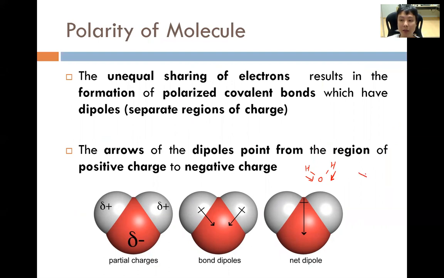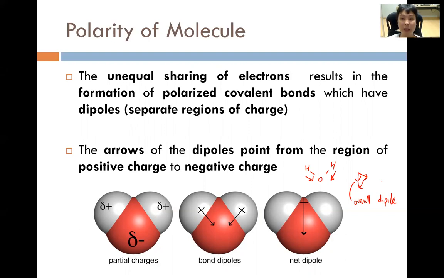So you add up these two vectors, and for this water molecule, this is the overall dipole of the molecule. This is important when we study the interactions between molecules, and we can use this to decide what type of interactions happen between different types of covalent molecules, and to deduce whether their melting point is expected to be higher or lower.